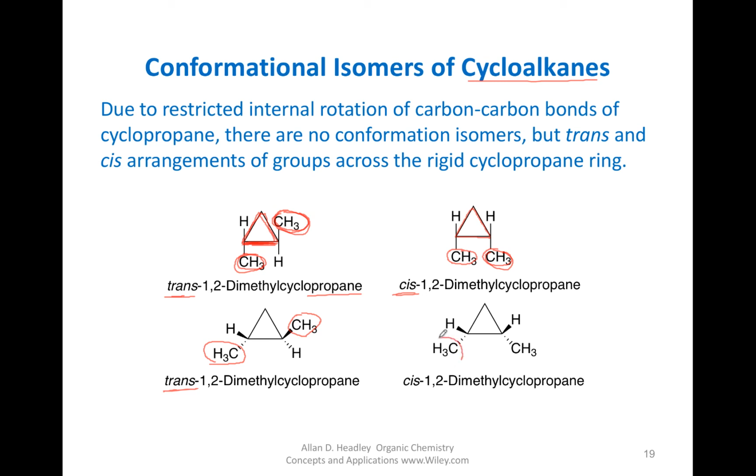For this one, this methyl group is using a dash. This methyl group is using the same dash to indicate the same side. So this is a cis. Of course, if the methyl groups were described as wedge and wedge, that would be the same cis relationship as this one here.